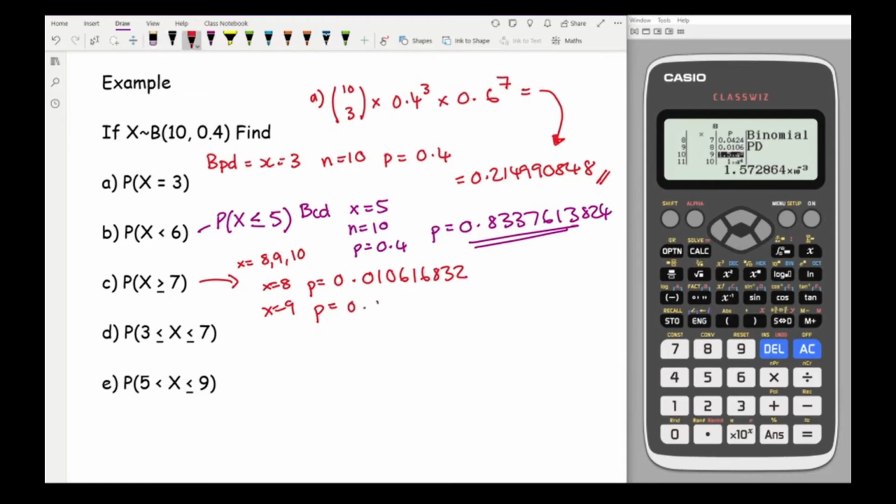So I've got 0.001572864, and the probability of it being 10, if I scroll down on my calculator, is 0.0001048576.